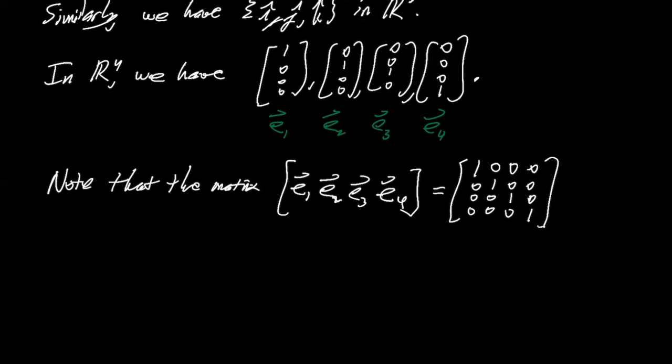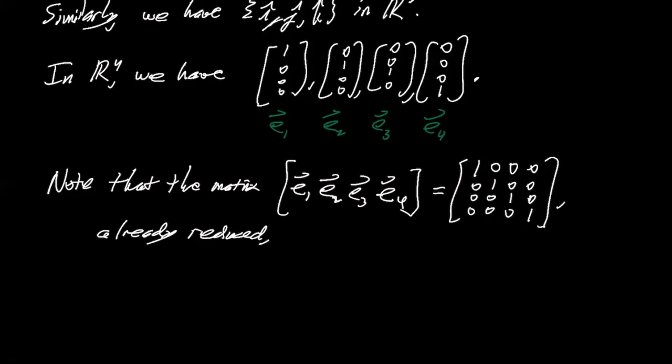It has a 1 on the diagonal and zeros everywhere else. This matrix is already in reduced echelon form, the nicest reduced echelon form for a square 4x4 matrix.